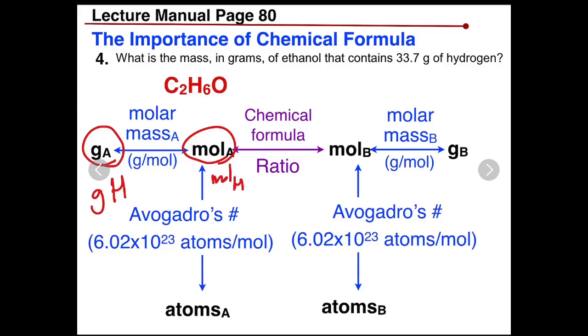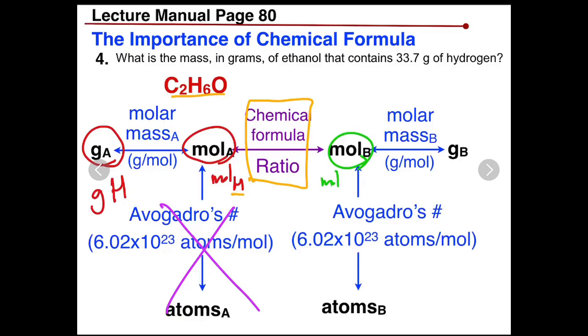Once you know moles of hydrogen, we are not going to go to atoms of hydrogen because the problem did not ask us, so we can ignore this part. It asks for grams of ethanol. So in this case, you are going to need to use the chemical ratio between ethanol and hydrogen in order to go to moles of ethanol.